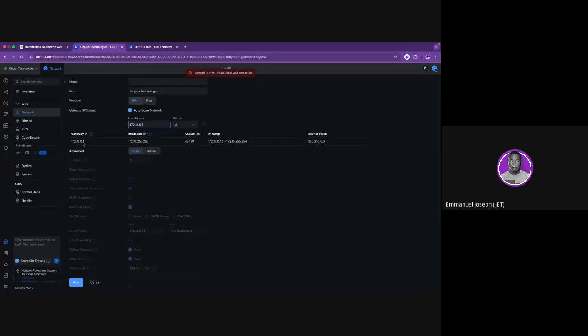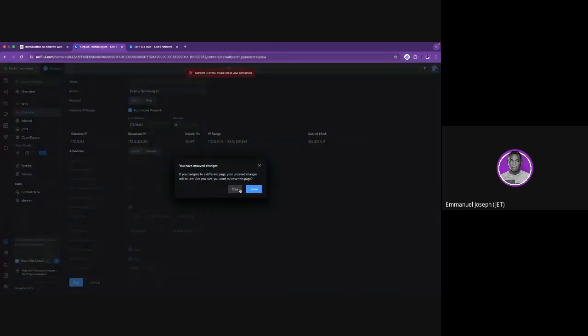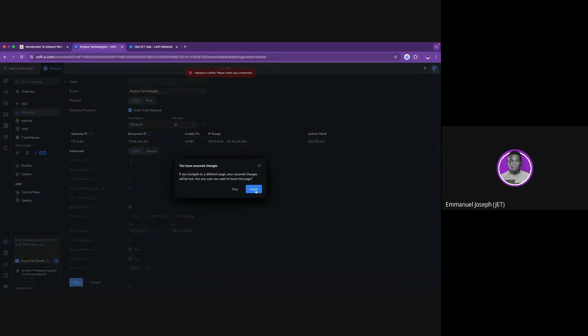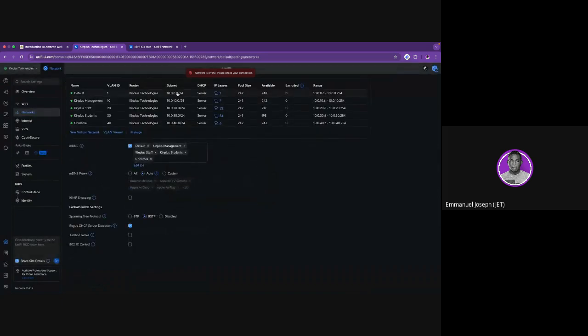Now, in this case, we would have the full 65,489 IPs, which is what we have for this whole network here. So we have a full class B IP access, which will give us the full total of the 64,000 assignable IPs.